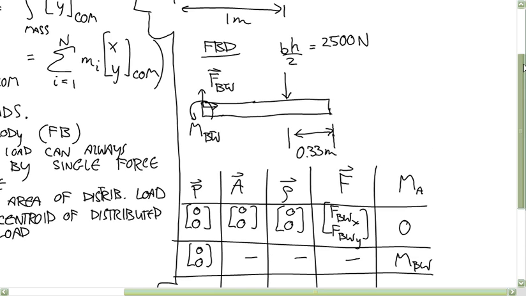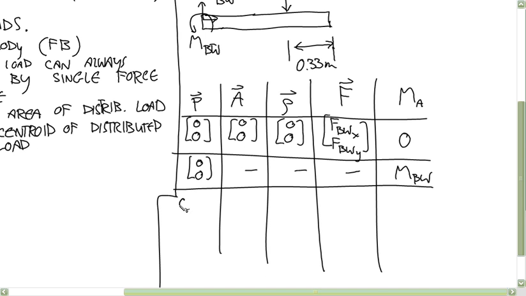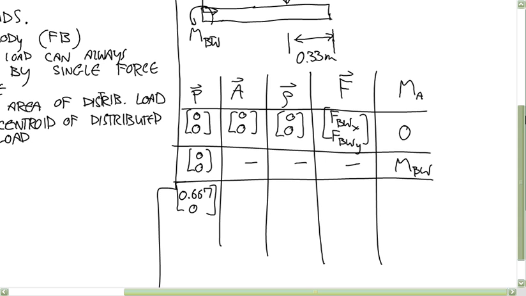Okay, wait. So the location is 0.667, right? I could choose any y value I want. The about point is still zeros. So rho is 0.667, 0.